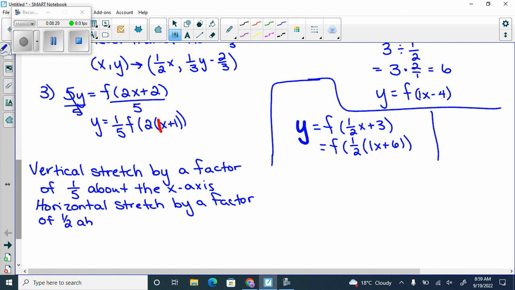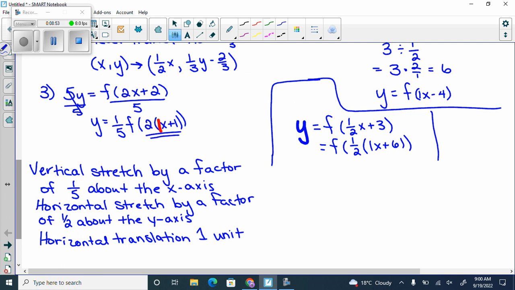And then we have a horizontal translation, one unit. Where are we going?